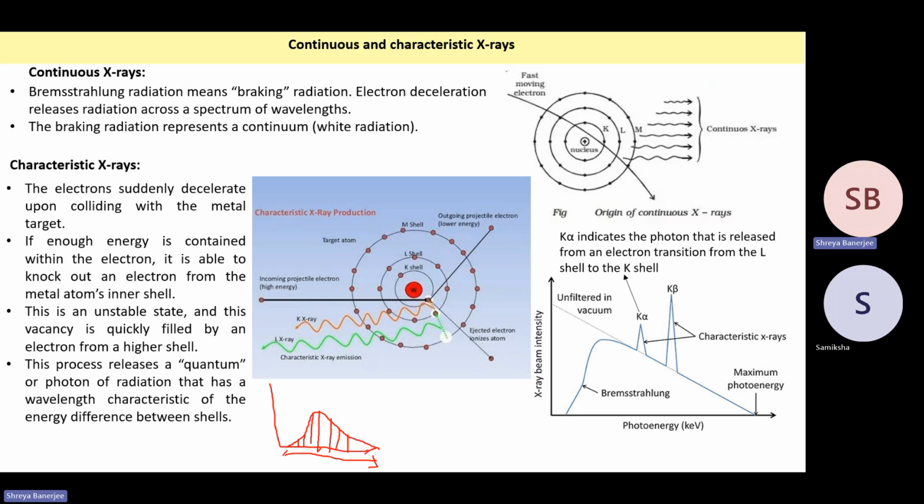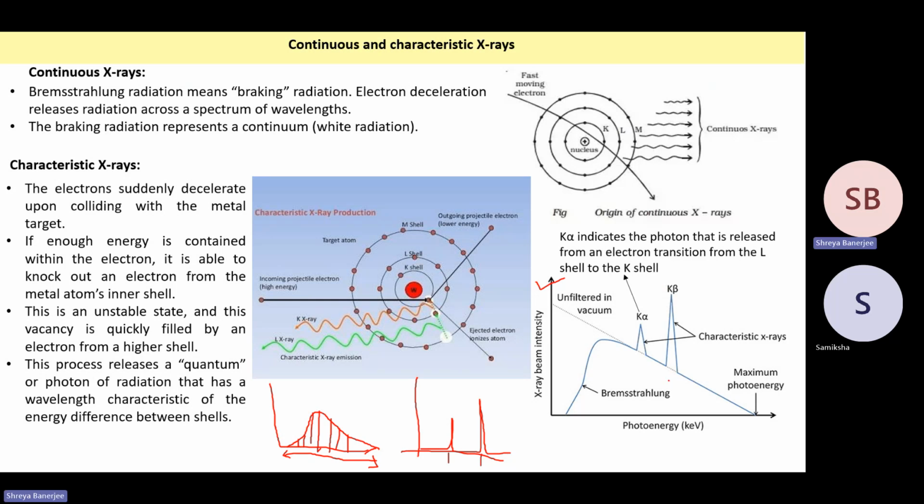This does not have much application because for application you need a monochromatic X-ray. Now suppose you have only characteristic X-ray. Then you will get a graph like this, where you are getting X-rays only at particular wavelengths, which are your characteristic X-ray. Now, sometimes both can happen at the same time, and this is that combined graph actually, where this broad envelope is also there and the characteristic X-ray is also there.